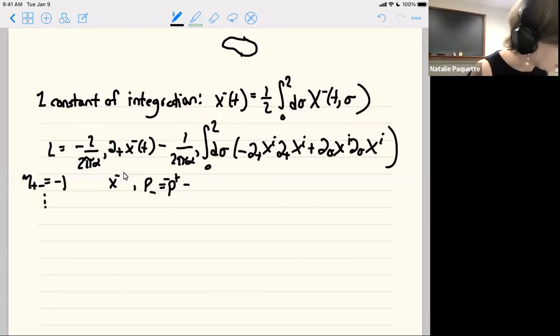I won't give all the details, but this is all probably quite familiar. So the string length in light cone gauge is growing with momentum in the positive light cone direction. And you can also, of course, compute the conjugate momenta for the capital X^i's. You all know how to compute conjugate momenta.